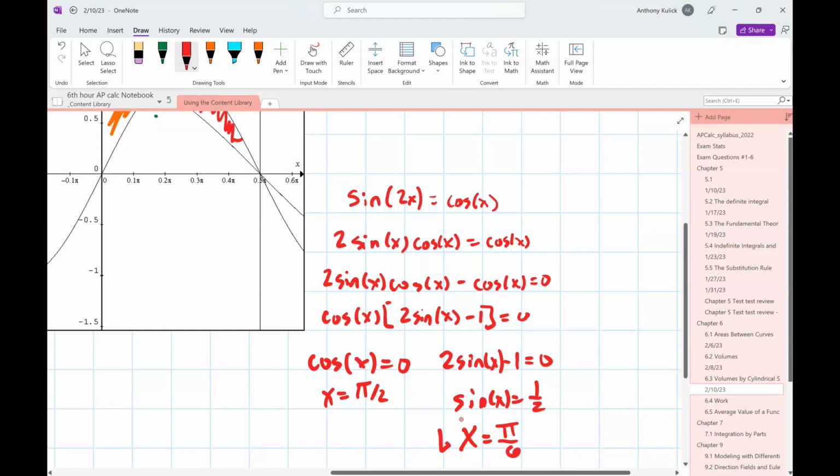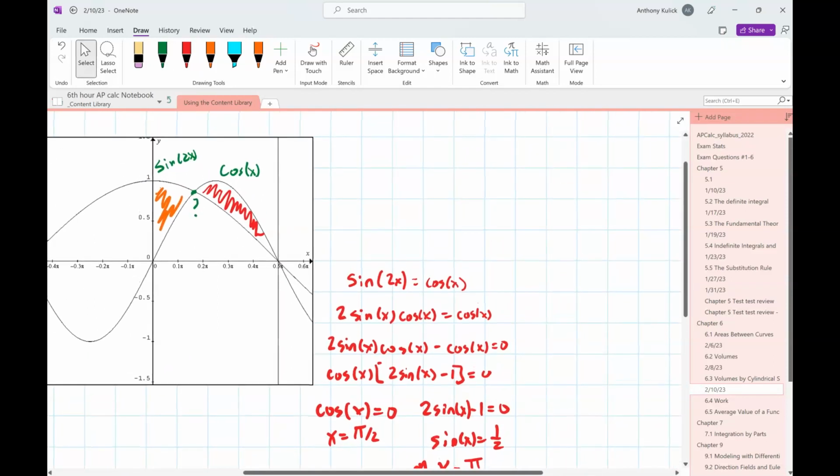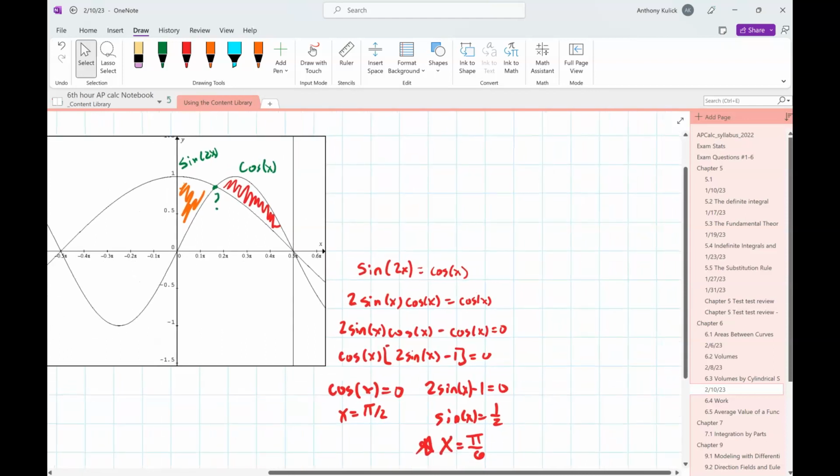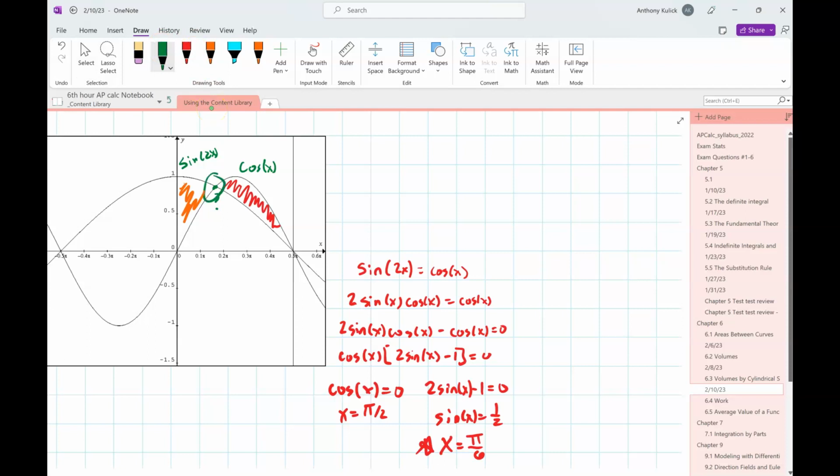So that is the one that I care about. You only care about the pi over 6 because that's where they're switching. I can already see that they're intersecting at pi over 2. Like there was no surprise there based on the picture.